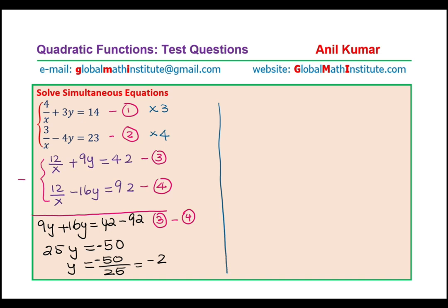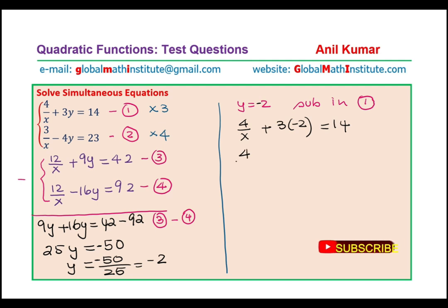So once we get y equals minus 2, we can always substitute in one of our equations, any one. So let's substitute in equation 1. So we have 4 over x plus 3 into minus 2 equals 14.